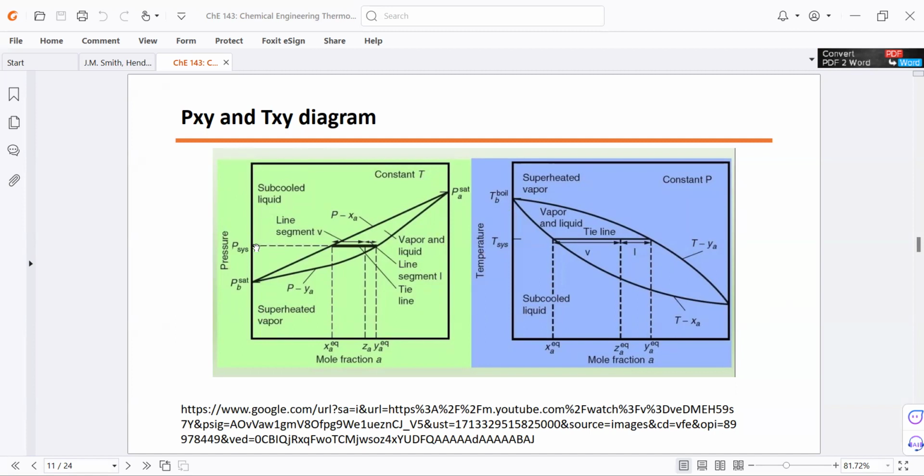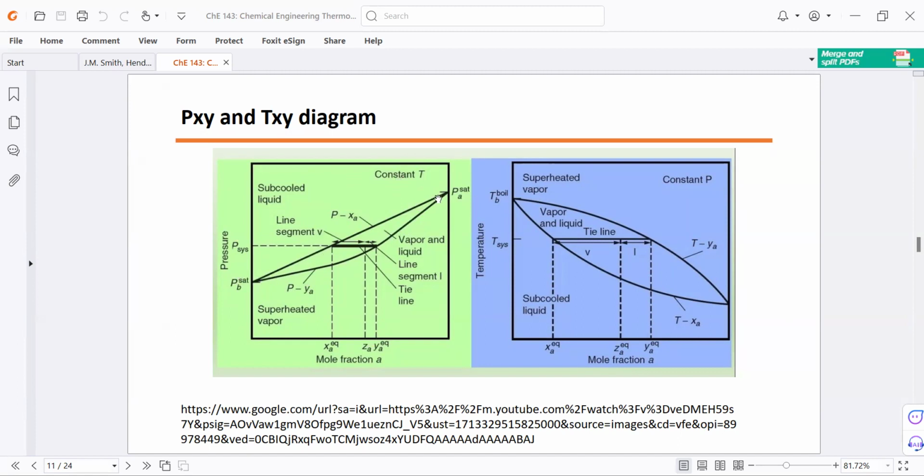diagram. Okay. So for the PXY diagram, we have the subcooled liquid region above. Okay. It is the area above. And each of these curves right here represents a constant temperature. Okay. So for the PXY, a constant temperature.